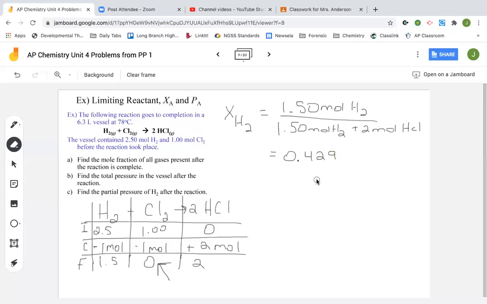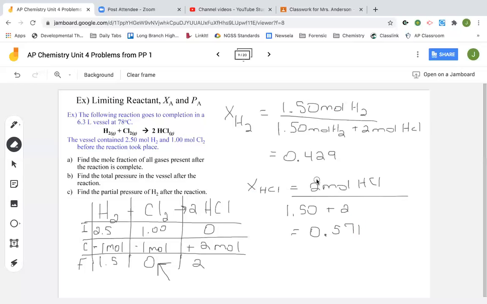And to calculate the mole fraction of HCl, we're going to put 2 mole of HCl on top of the total moles, which again would be 1.50 plus 2 mole. And that's going to give us 0.571.